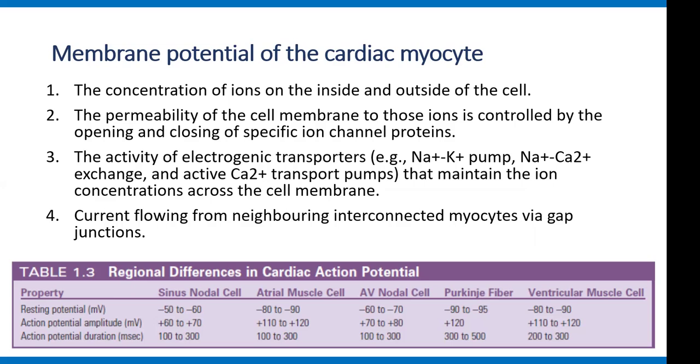So the table below actually shows us the differences in the resting membrane potential and the amplitude of the action potential that we have. So we'll notice that the sinus node, for instance, its resting membrane potential is -50 to about -60, whilst the ventricular muscle is about -80 to about -90, which is more to the extreme.